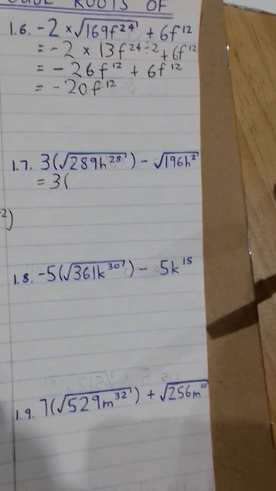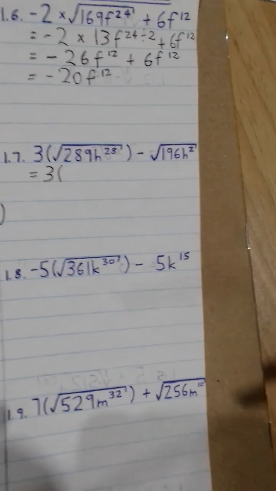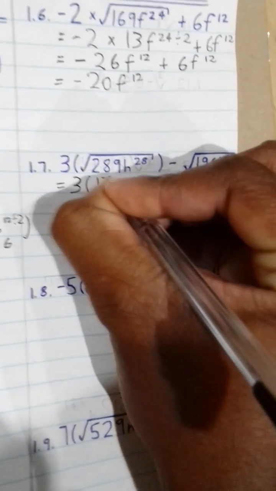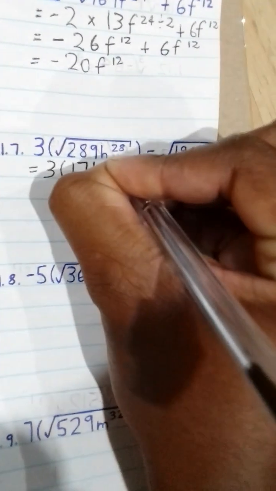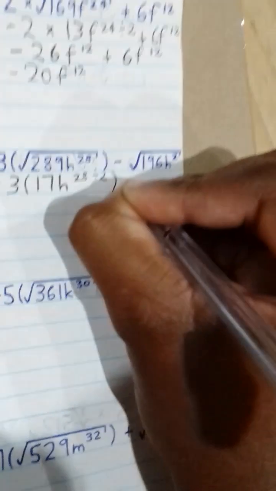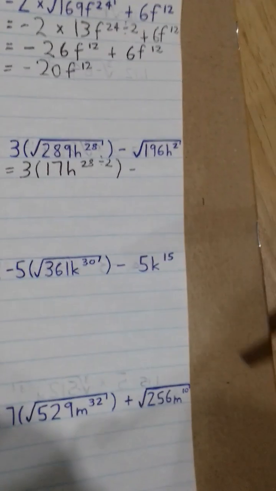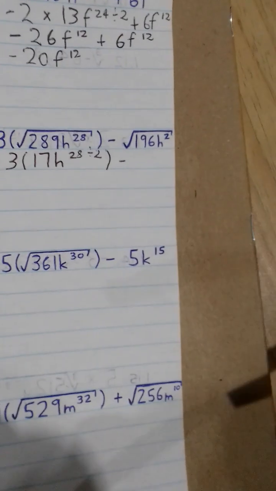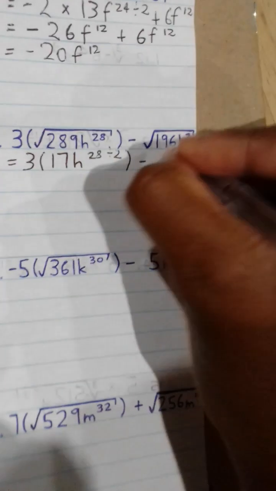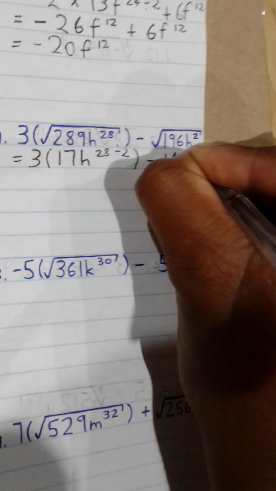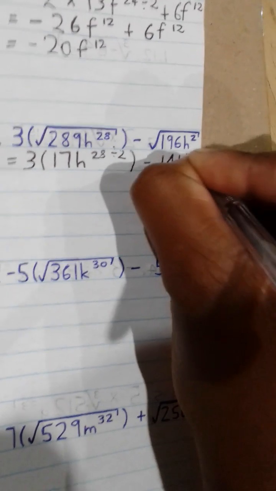What is the square root of 289? 17 h to the power of 28 divided by 2 minus, what is the square root of 196? 14 h to the power of 2 divided by 2.